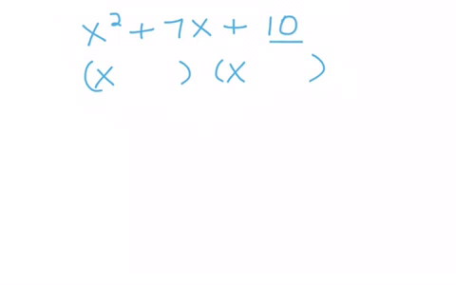Then I have to look at my last term. What are the factors of 10? Well, 1 times 10, 2 times 5, and that's it. Which one of those could I use to add up to 7? Well, it's 2 and 5. So I'll put the 2 here, the 5 here, and again, I'm going to put plus signs. Okay? And that's my factors. One factor is x plus 2, the other factor is x plus 5.